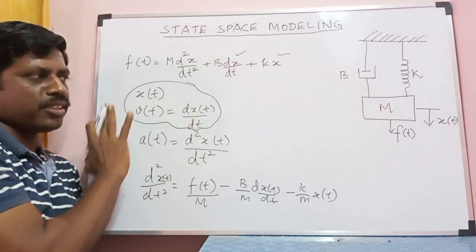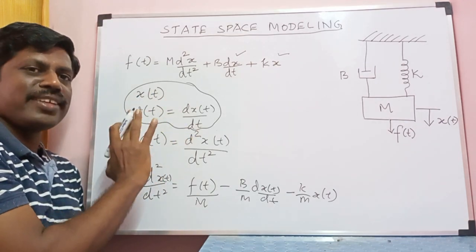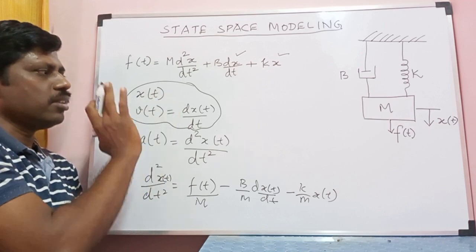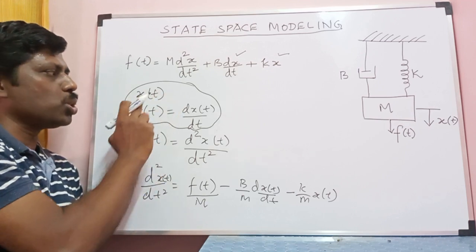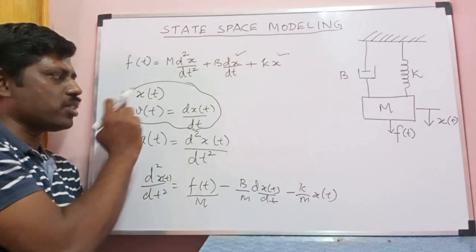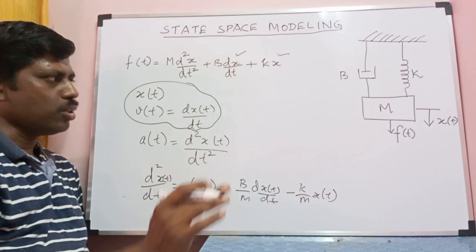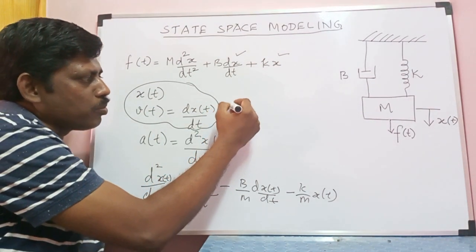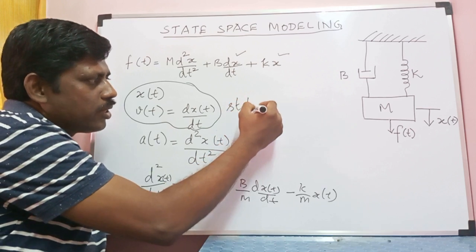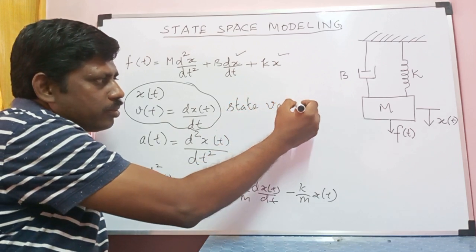If I want to understand the behavior of the system for any time t, it is just enough to know these two variables, x of t and v of t.